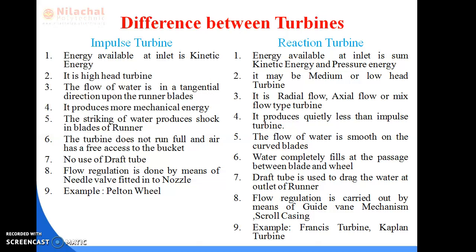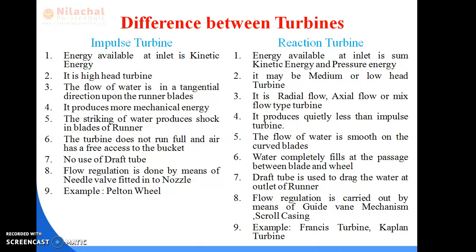From both the turbine units, you can conclude that the impulse turbine is much more advantageous than the reaction turbine. Impulse turbines are used in hydroelectric power plants, and they produce a large amount of power in comparison to reaction turbines, which are medium or low head turbines where less power is obtained.